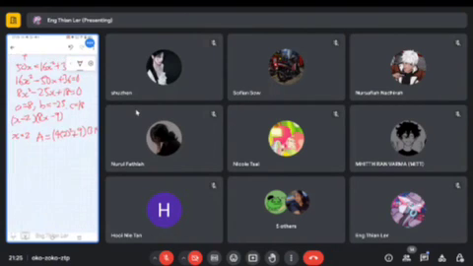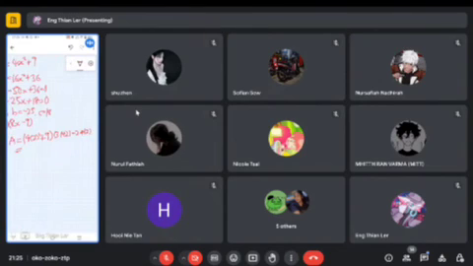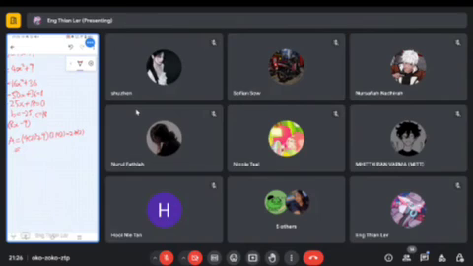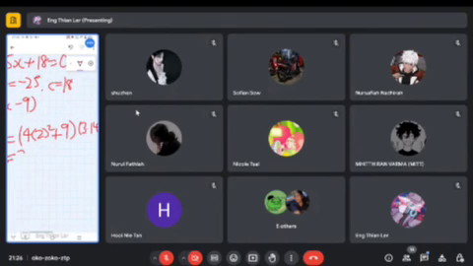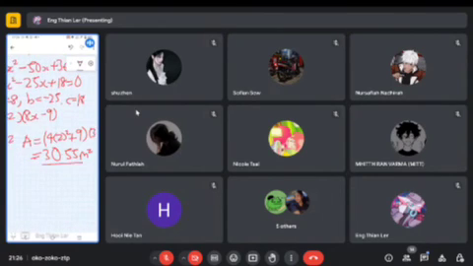Okay, so pressing this on the calculator will give us 4 squared plus 9. We will get 30.55 meters square. So this is one of the areas.